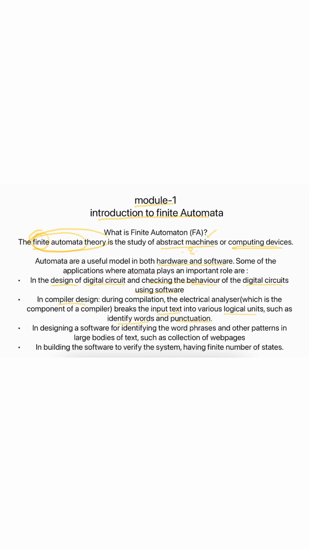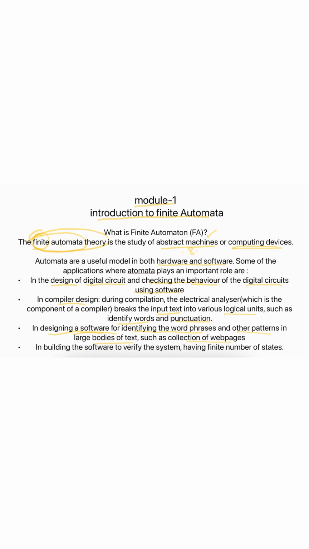Next, it is used in designing software that is useful for identifying word phrases or other patterns in large bodies of text, such as a collection of web pages. For example, nowadays we have search engines like Google, Chrome and so on. In such collections, pattern matching happens, and these kinds of software are designed using finite automata.